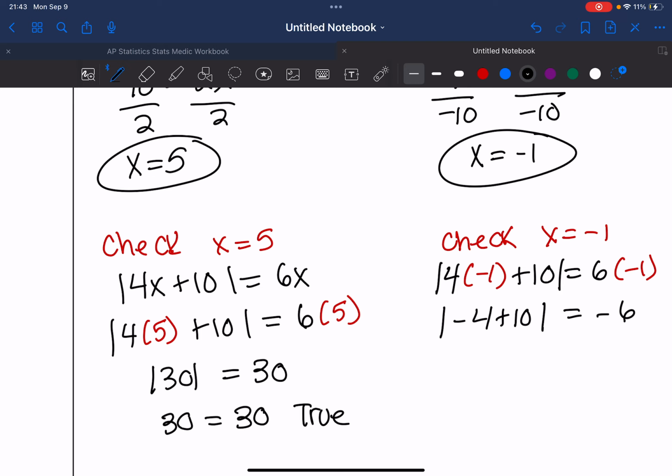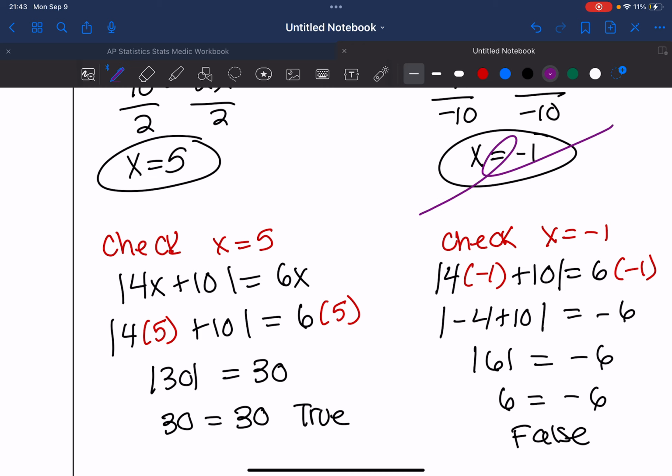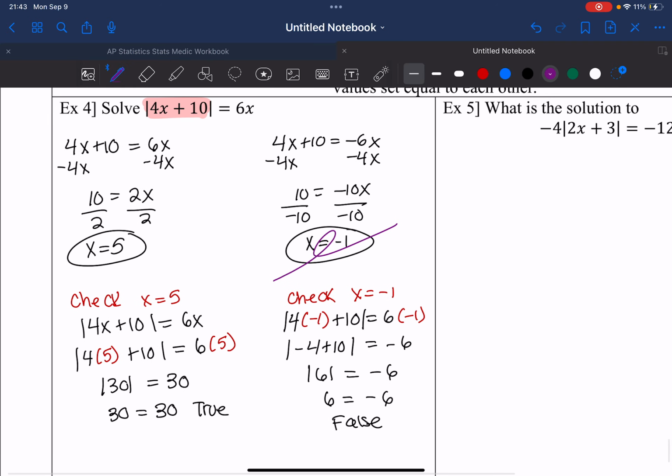Then I have absolute value of 6 is equal to negative 6. 6 is equal to negative 6, which is a false statement. So that means x equal to negative 1 cannot be an answer, and the only answer that I have for this problem is x equals 5.